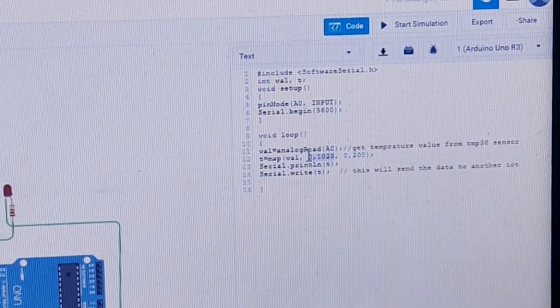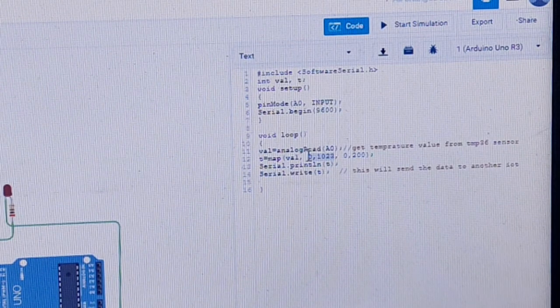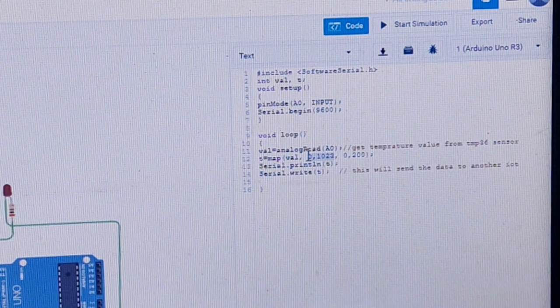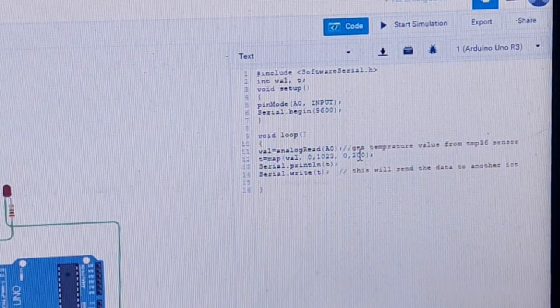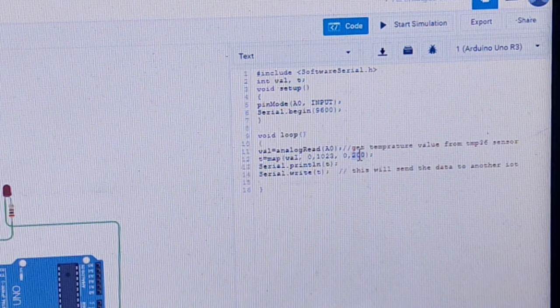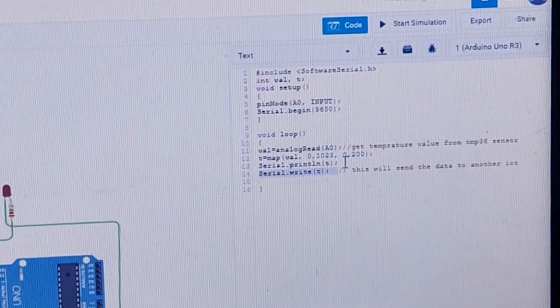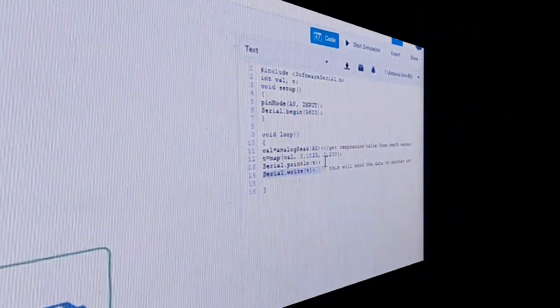Then in mapping, 0 and 1023 is the lower and upper bound of the current range, and then 0 and 200 is the lower and upper bound of the target range. Then the value of t will send the data to another Arduino.